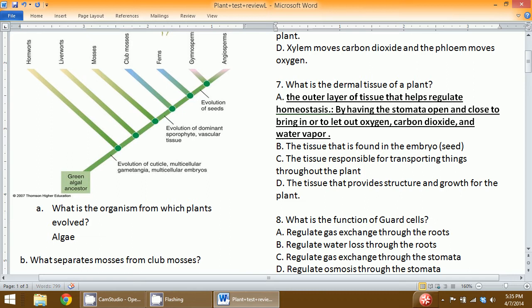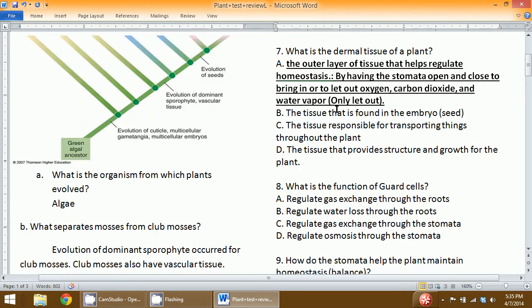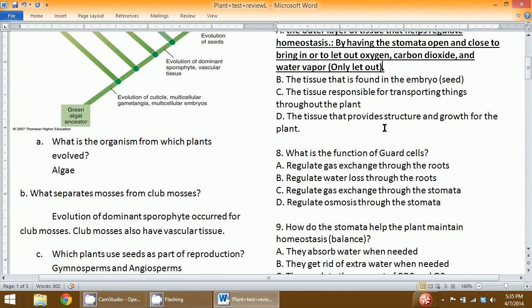And if you'll remember, water vapor is pretty much let out here. Well, oxygen and carbon dioxide, depending on the time of day, will go either way.